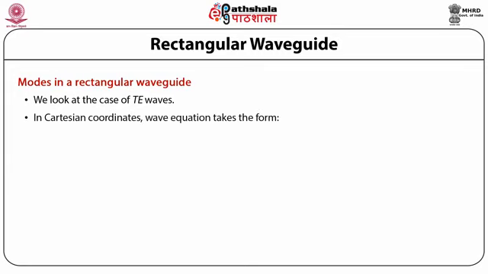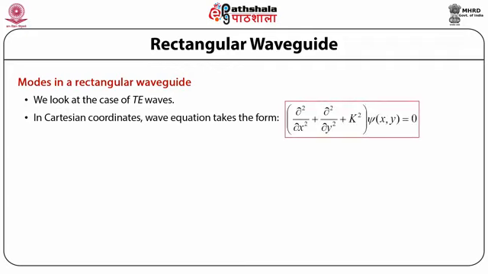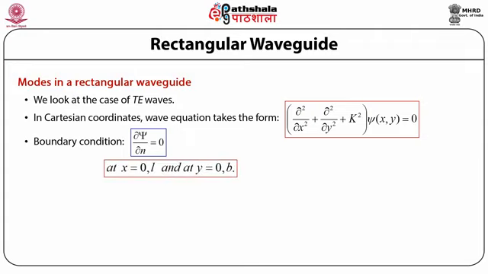Considering the Cartesian coordinates, the wave equation for the transverse electric wave takes the form: bracket open del 2 by del x2 plus del 2 by del y2 plus capital K square bracket close acting on the wave function psi as a function of x and y is equal to 0, with the boundary condition that the partial derivative of the wave function with respect to the unit normal, that is del psi by del n, is equal to 0 at x equal to 0 and x equal to L, and at y equal to 0 and y equal to b, where x equal to 0 and x equal to L define the boundary conditions of the x-axis, and y equal to 0 and y equal to b define the boundary conditions of the y-axis.